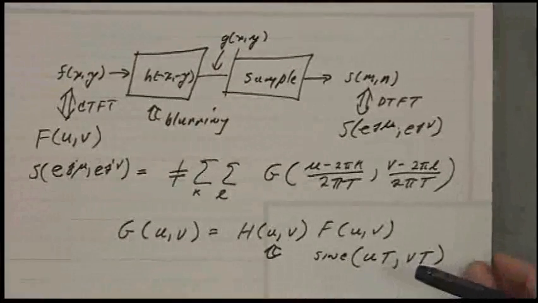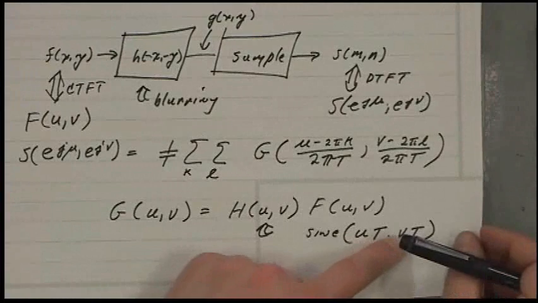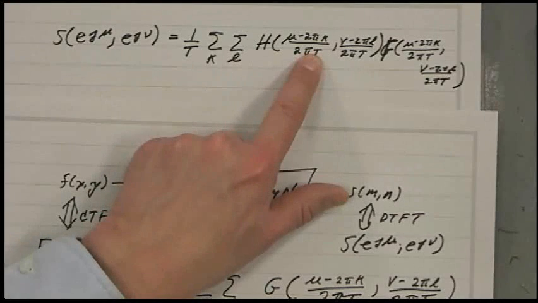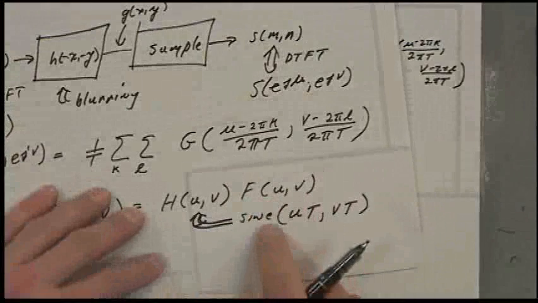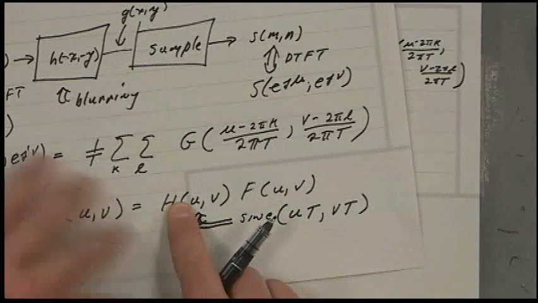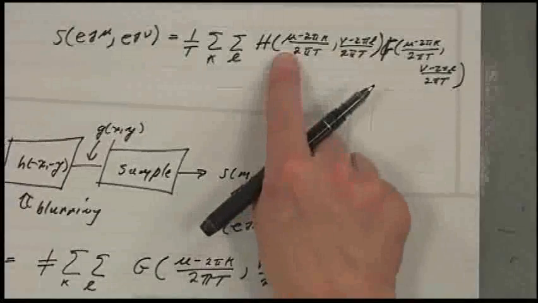Now H here has the form of sinc of u times T and v times T. So this T cancels with that T, because this sinc function is what H is. So that H plugs into here.